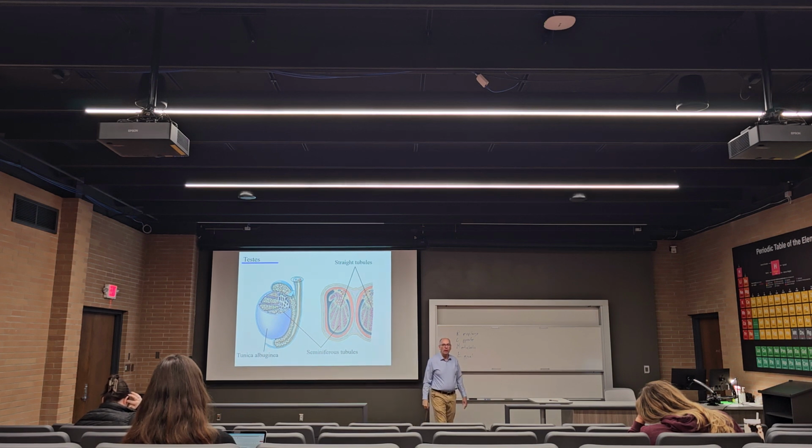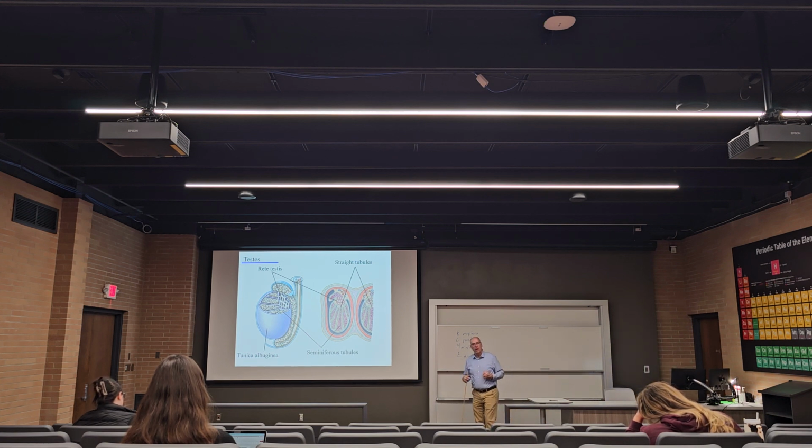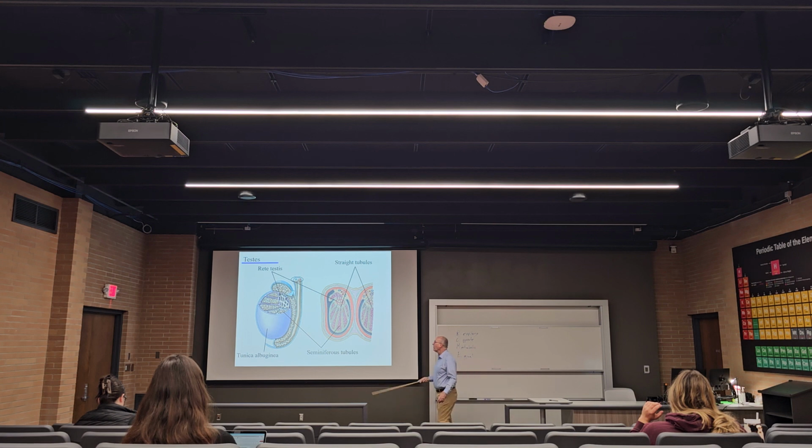The tubuli recti lead from the seminiferous tubules into this network of little tubes called the rete testis. The rete testis is a mesh, or network, of little tubules where the sperm will be collected before leaving the testes. They then exit the testes through these little ducts, known as efferent ductules. The efferent ductules carry the sperm from the rete testis out and into the epididymis.